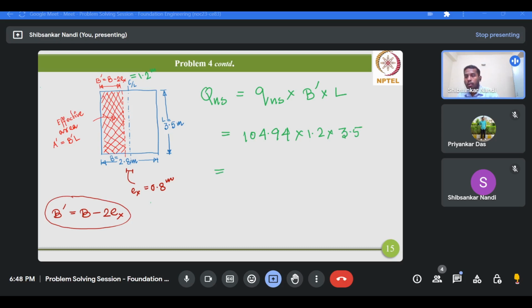And again, this is the concept of useful width, for one-way eccentricity.